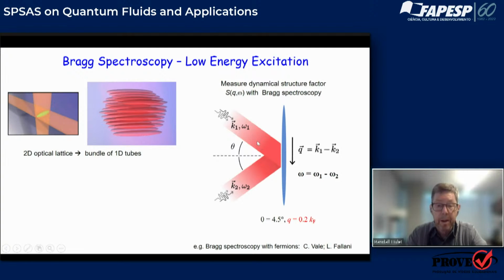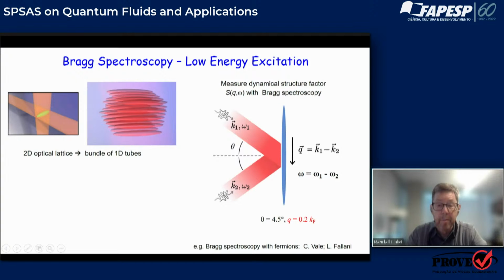By absorbing one photon and stimulating the emission of another photon, you can undergo a Bragg process where the momentum transfer is equal to K1 minus K2.